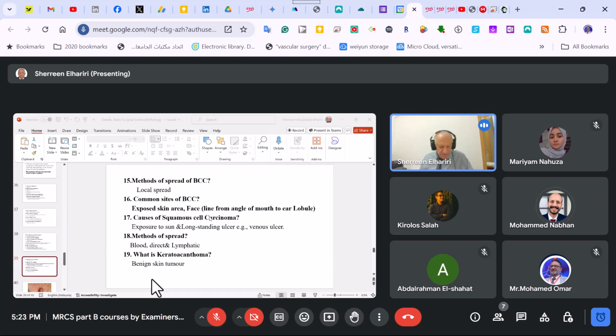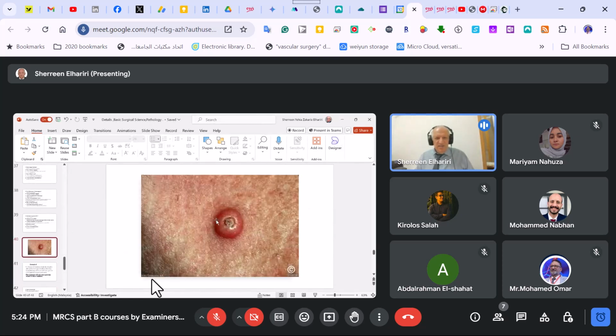All right. Okay. So the metastasis of squamous cell carcinoma? Through lymphatic and blood, direct lymphatic. Okay. I show you the picture and just tell me what is this. Basal cell carcinoma.